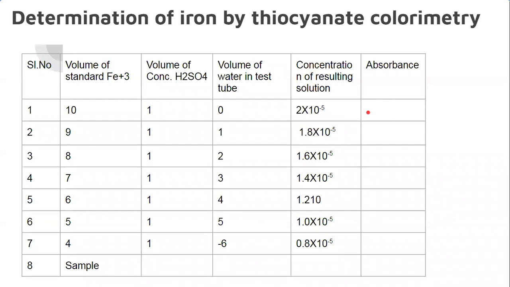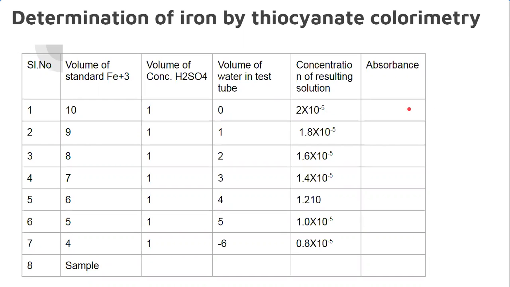While you are inserting the cuvette in the cuvette holder or sample holder, make sure the surface of the cuvette does not have any impressions, even our finger impressions, or any water spill.